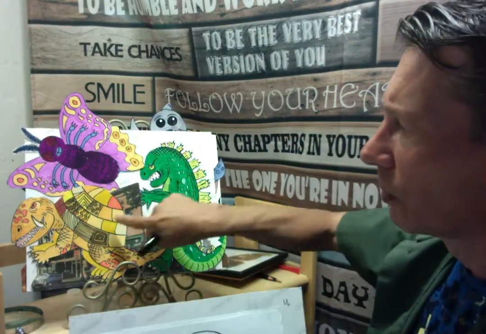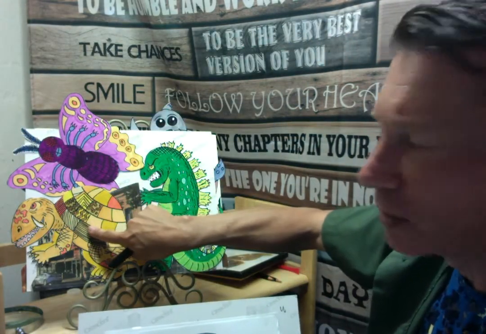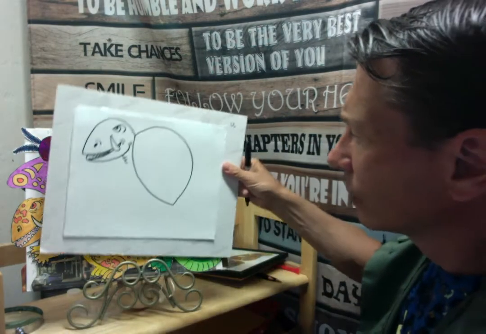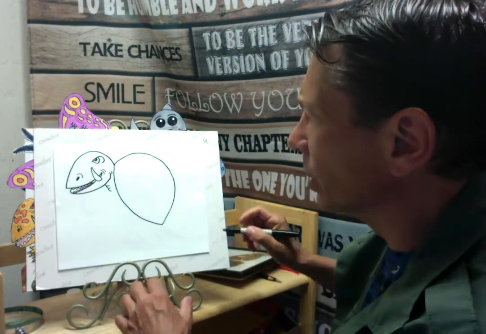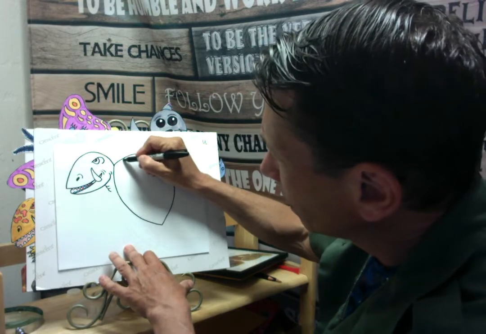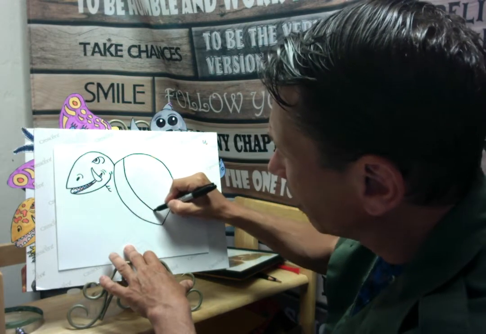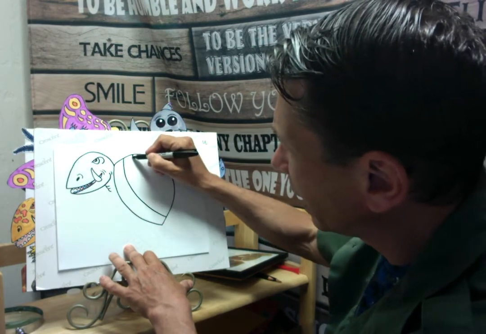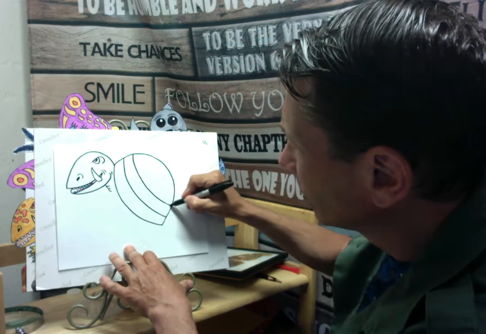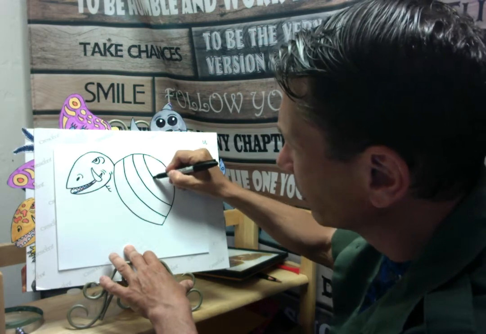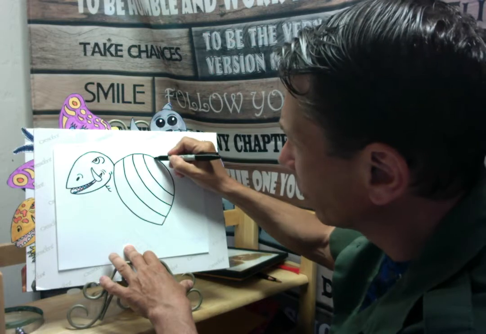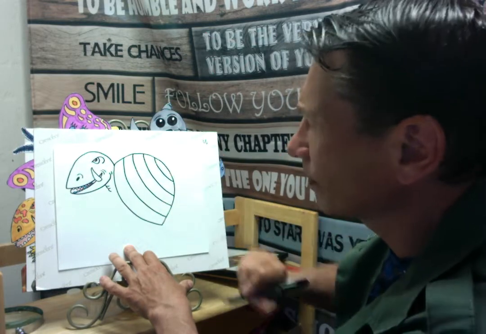Now, turtles' shells are made up of sections, as you see here. So let's draw a simplified version of that. I'm going to draw out a series of curved lines, first going from one side to the other on the shell like this.